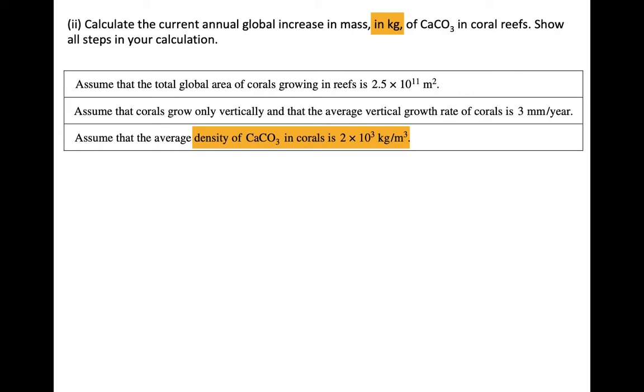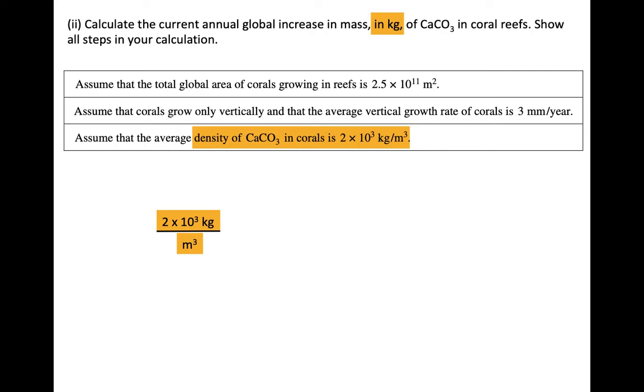Now, I don't want density as my answer. I want mass by itself. And so what I have to do is get rid of that volume aspect of it. So I'm going to start with the density, 2 times 10 to the third kilograms over cubic meters.